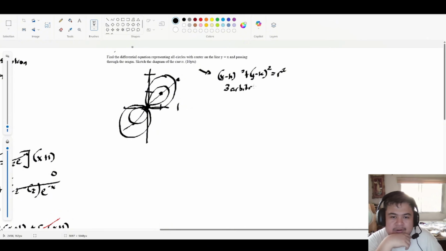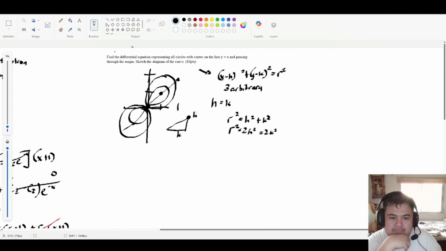Now, for family of curves, because we have a specific case, the circles have their centers on y equals x. We can analyze that h and k are equal. The h and k values are always the same for this circle. And because they pass through the origin, h and k will always form a hypotenuse, which is the radius, or 2h squared because they're the same, or 2k squared.